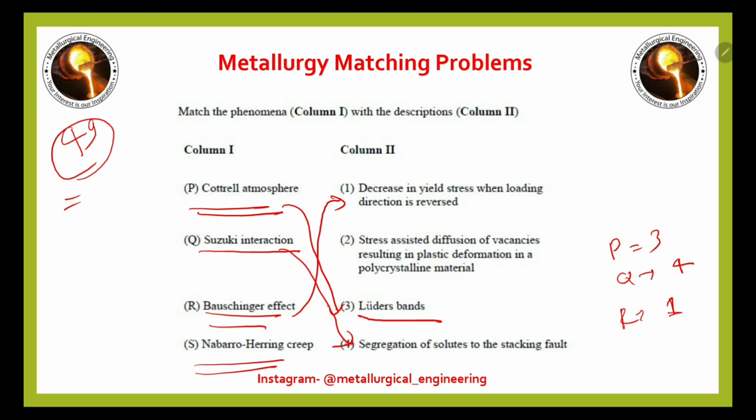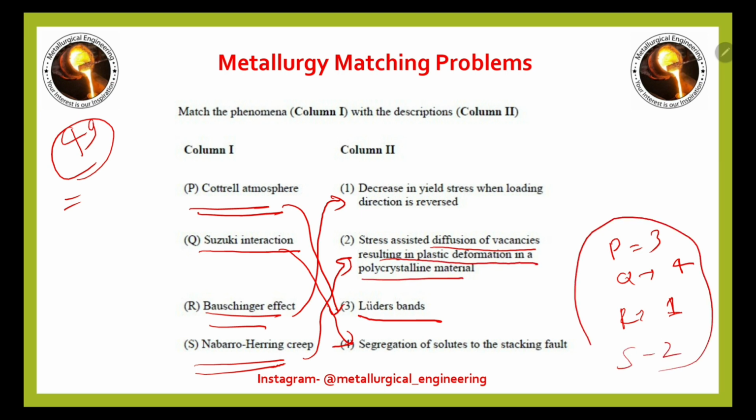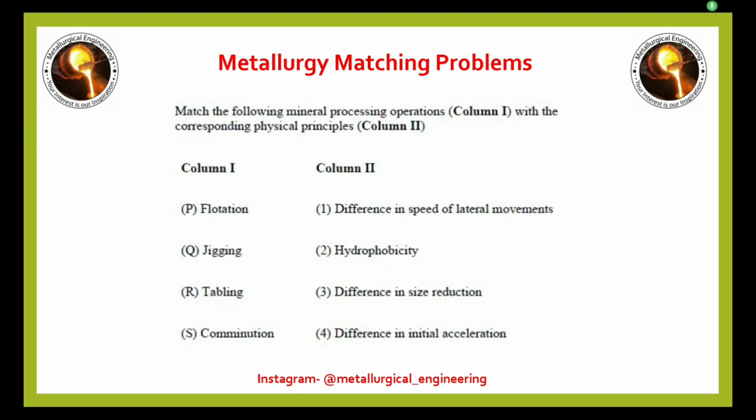Nabarro-Herring creep suggests stress assisted diffusion of vacancies resulting in plastic deformation in a polycrystalline material, so S is 2. So P3, this Cottrell atmosphere is Luder's band, Q4 R1 S2.